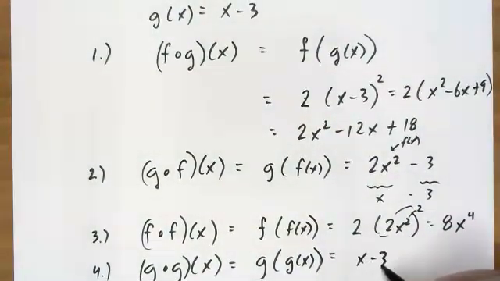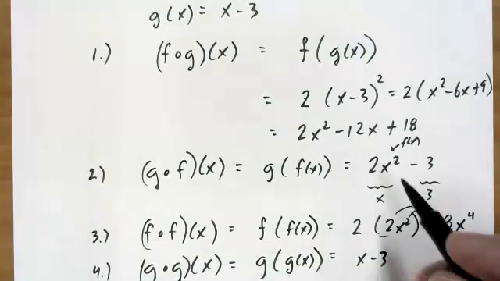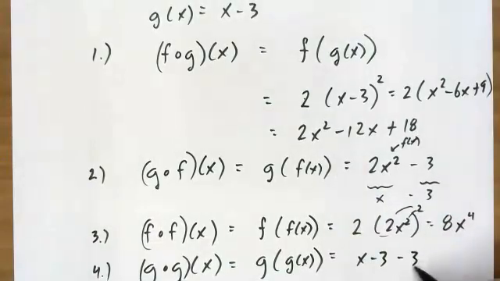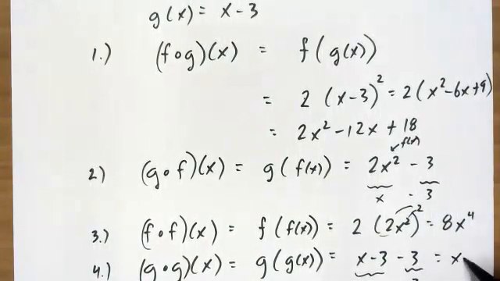So it's x minus 3 minus 3, right? Because this is like my x minus 3. This is the original g function, but I replaced the x with the g function again. So when you're all done, you should have x minus 6.